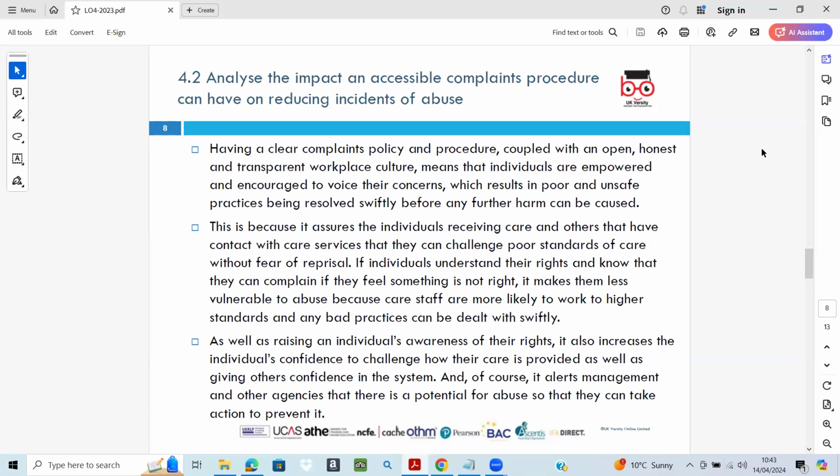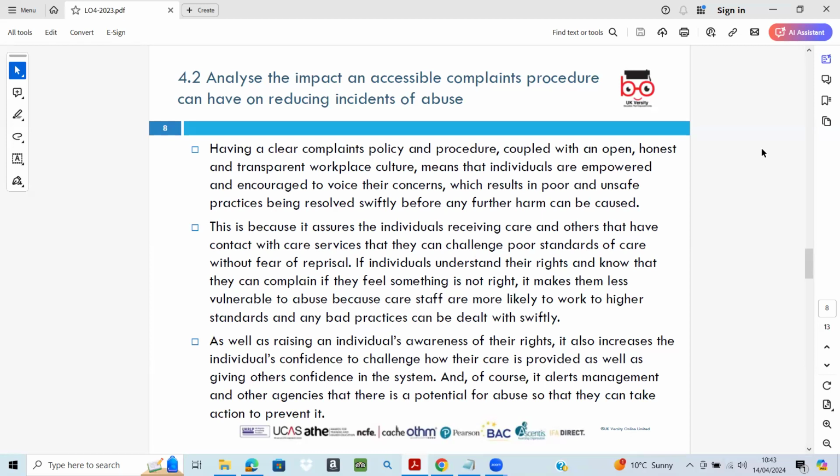The presence of a reliable complaint system puts a healthy pressure on staff to maintain high standards. This transparency and openness increase confidence, not just among those receiving care, but also within the broader community interacting with the service.